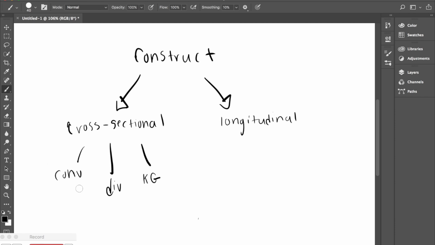So convergent cross-sectional construct validity, right, this is the way that I'm going to read it as, is essentially a type of cross-sectional validity. So we're basically measuring something at one point in time, right? So let's say I have two tests, and both of my tests want to measure cholesterol levels again. And I want to measure their convergent cross-sectional construct validity.